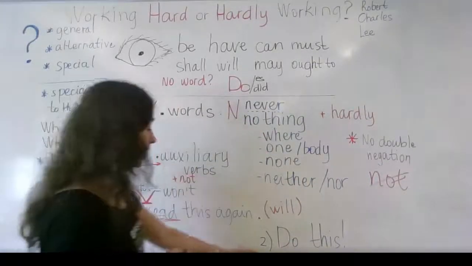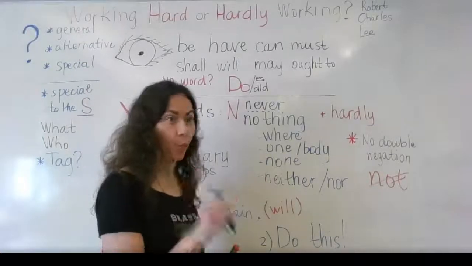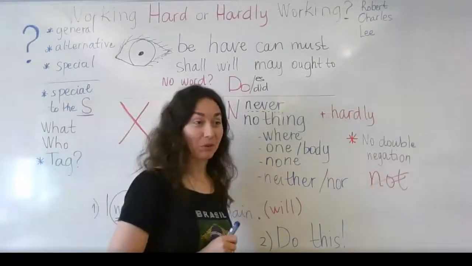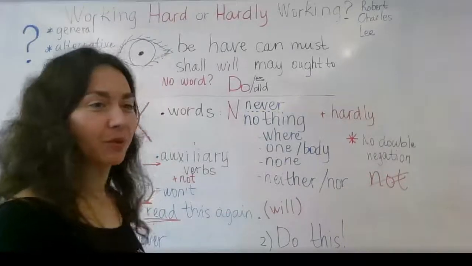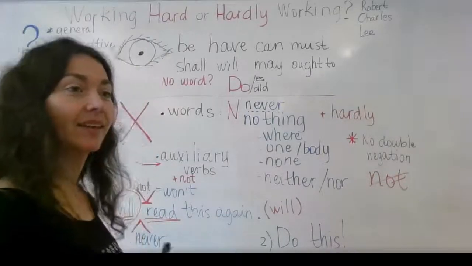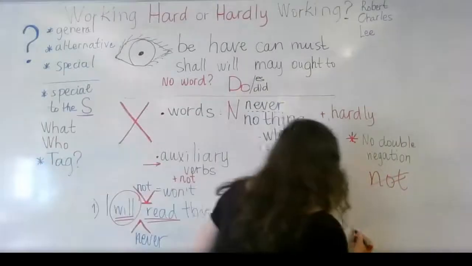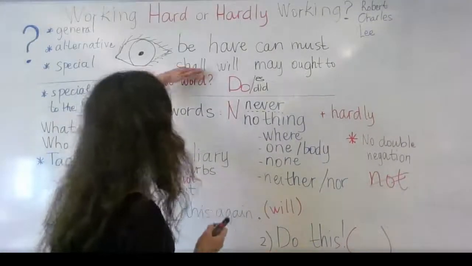Very good. Now we have sentence number 2. Do this. Work hard, let's say. Do this. This is a tricky one, to be honest. Step number 1. What do we do to make a negative sentence? Looking for auxiliary verbs. Auxiliary verbs, always the same, you're right? Let's see. Do we have any of these forms?